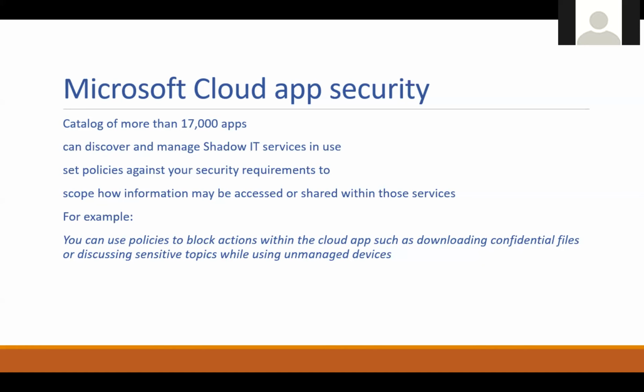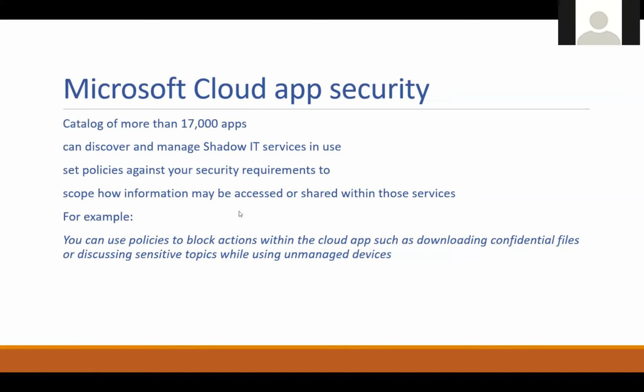And it can show you that there may be student IDs with PII information, social security numbers that are in these external resources, and be able to alert you or to allow the policies to control how they're exchanged within these services.